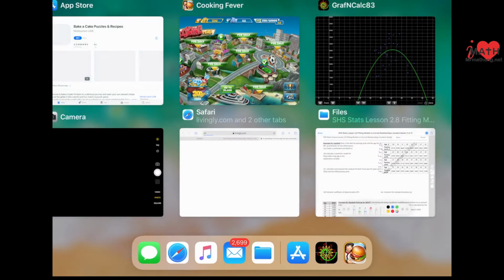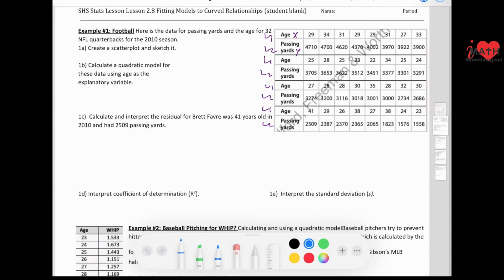Okay, so let's go ahead and get back to our notes. Let's make a sketch here. So I have age down here in years, and then you have yards passing measured in yards, right?